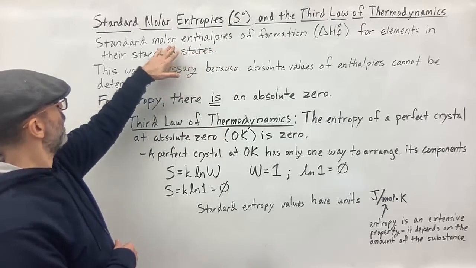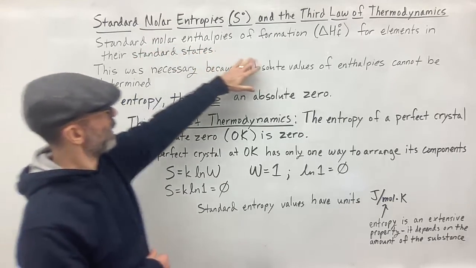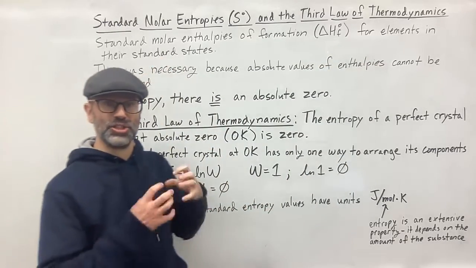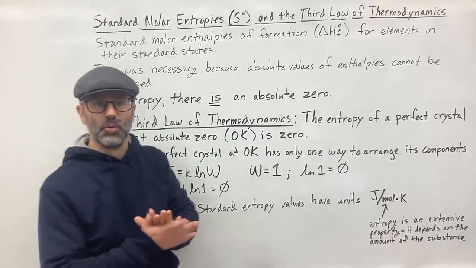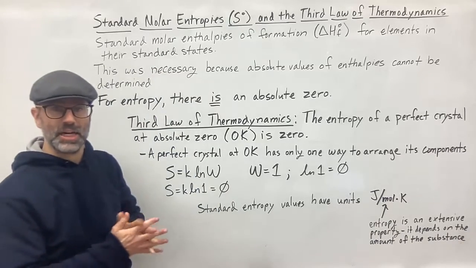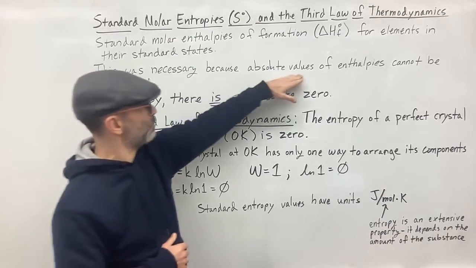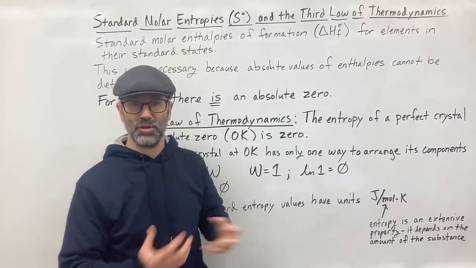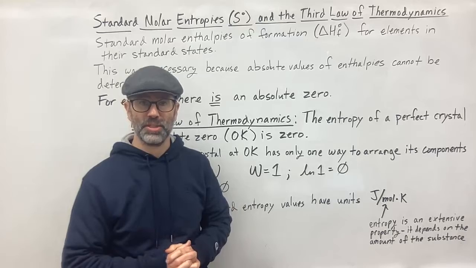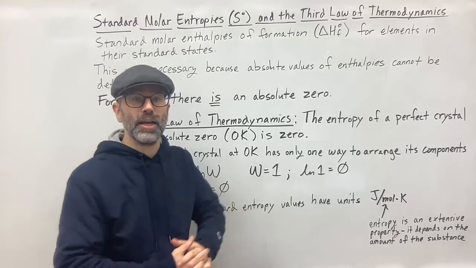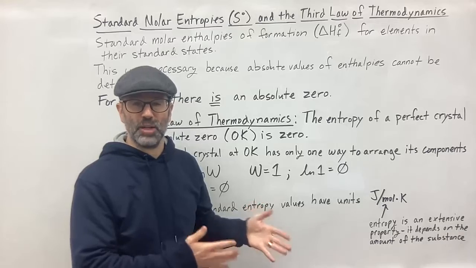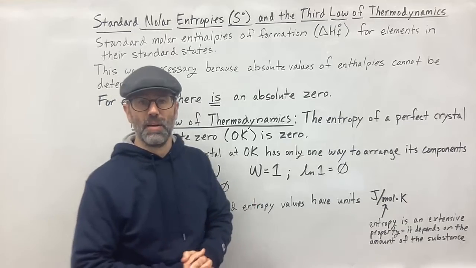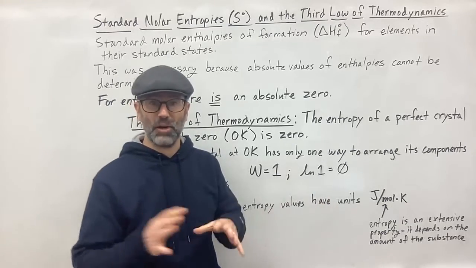So the enthalpies of formation for elements in their standard states were considered zero enthalpy. The reason we did that is because it was necessary, because there's no absolute value for enthalpies. We can't determine the absolute value of the enthalpy of any particular substance. So we had to define the molar enthalpy of formation for pure elements in their standard states as the zero standard that we were going to base everything else on.